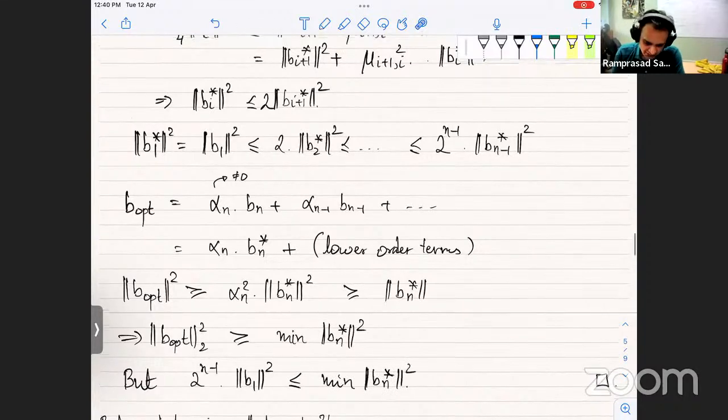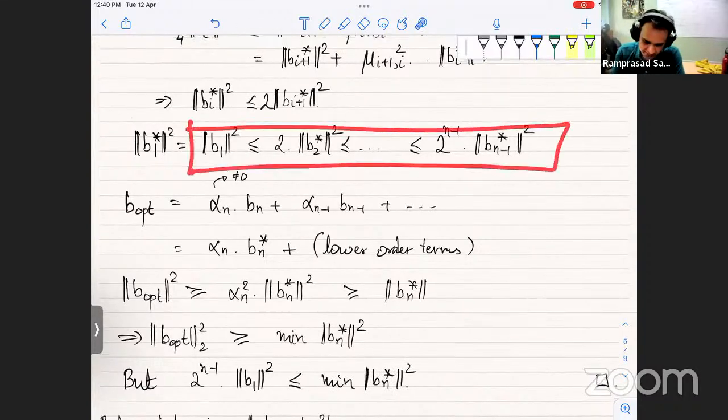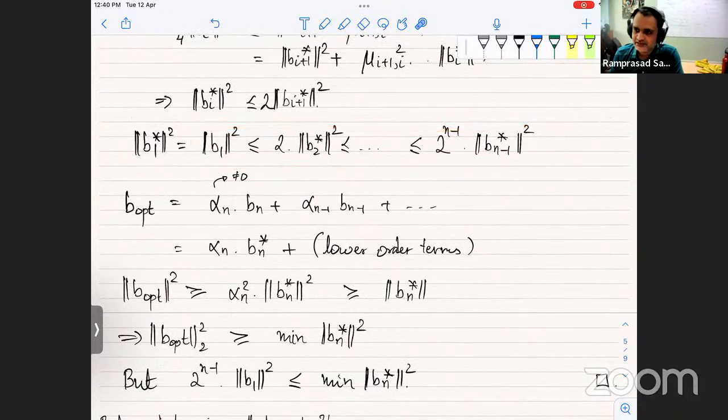I mean, that's what this reduced basis tells you, right? Okay, so whatever this vector b1 is, it's no more than a factor of 2 power n away from whatever is the shortest vector that you have here.